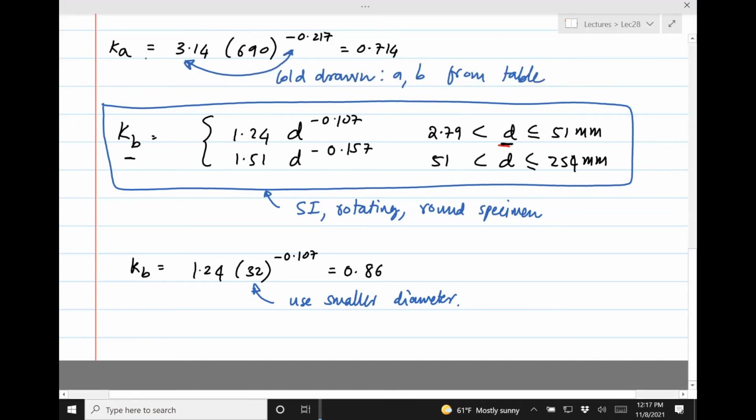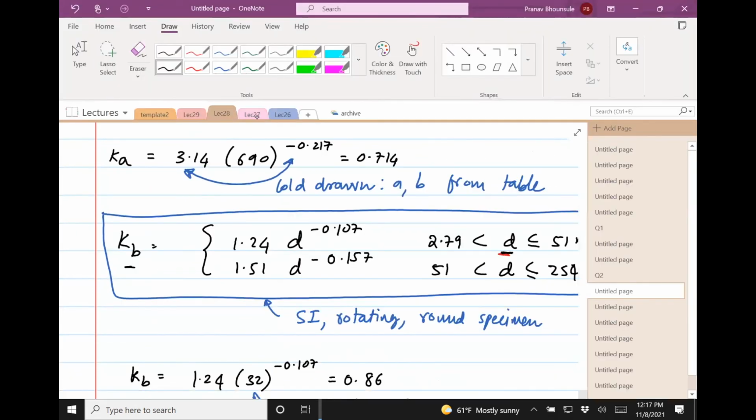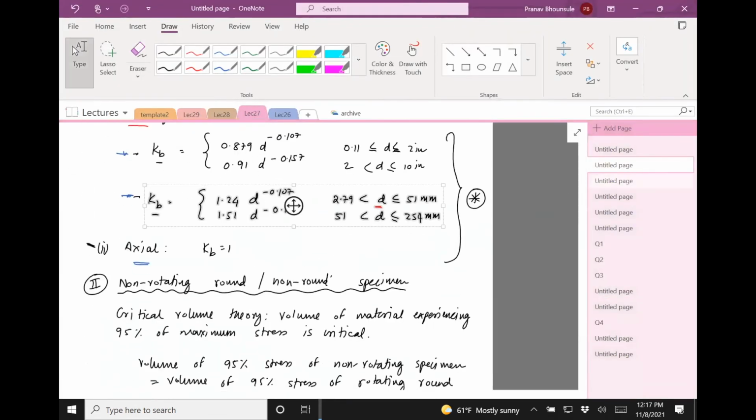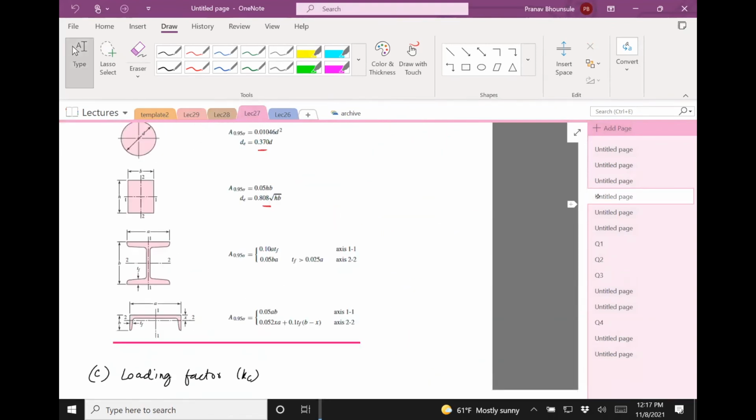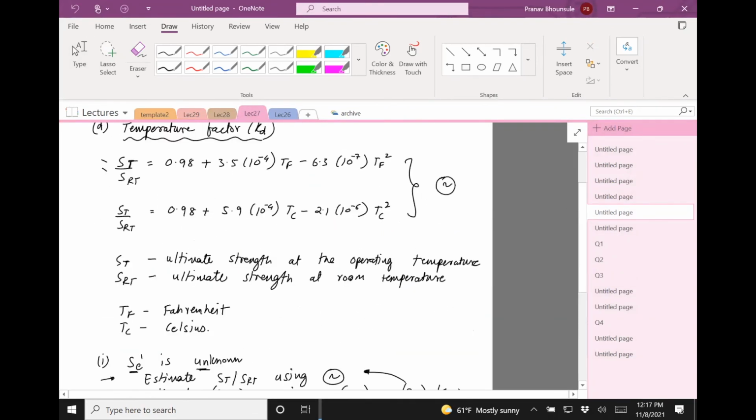Okay, so what are the other effects? Well, there are temperature effects. There is no temperature. This experiment is at room temperature, so we don't worry about it. So that's KD. KC, I'm blanking on KC. Let's see what KC is. KC is to do with loading.